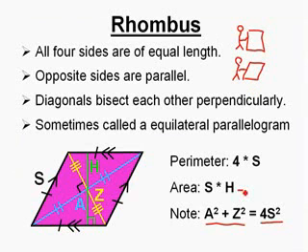So that's equal to A times Z, all over 2. Very nice. That's everything you have to know about rhombuses, or rhombi, or some such.